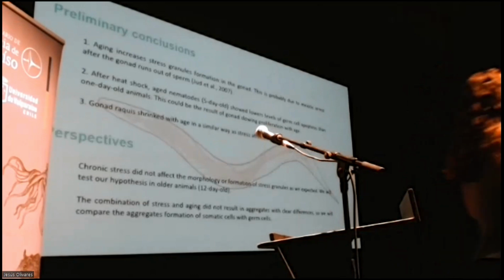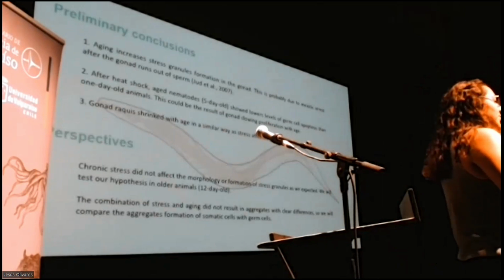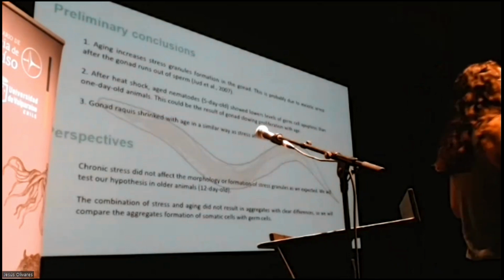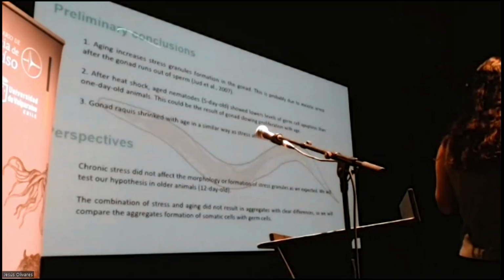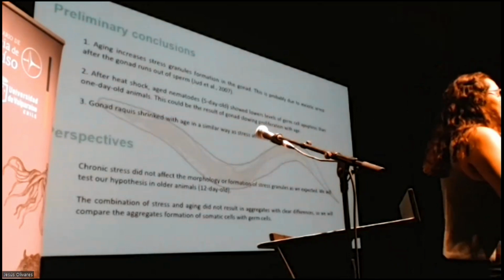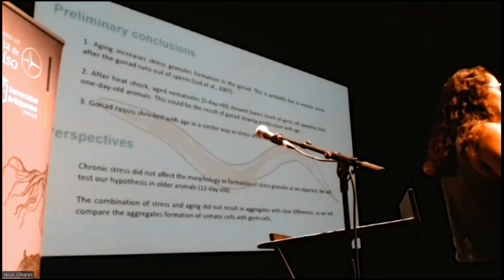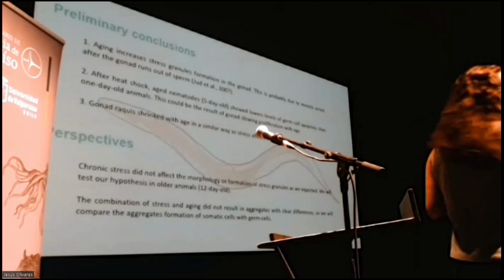Finally, my preliminary conclusions are that maybe this formation of stress granules in the control gonad of 5-day-old worms could be because of the meiotic arrest, but the 5-day-old worms are also able to respond to the stress with these stress granules.